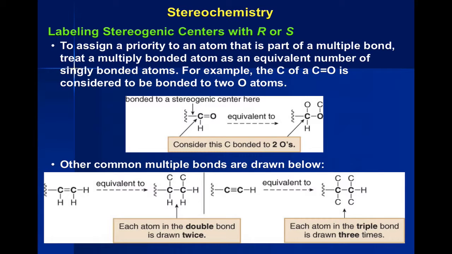If you have a carbon that is doubly bound to a carbon, it's like a carbon with 2 carbons attached to it. A carbon-carbon triple bond is like a carbon with 3 other carbons attached to it. Okay? So when you're trying to make those differences, you have to pay attention to the pi bonds. And treat a C double bond O as a carbon with 2 oxygens attached.